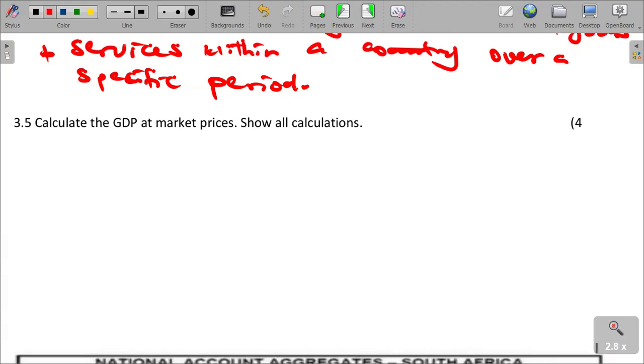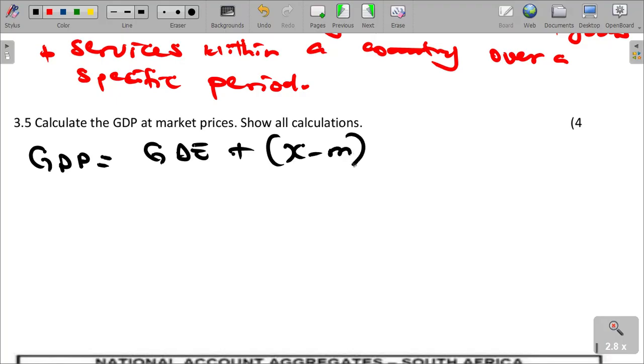And then calculate GDP at market prices. Show all your calculations. One thing we need to do first and foremost is to understand that GDP at market prices is equal to gross domestic expenditure plus exports minus imports.